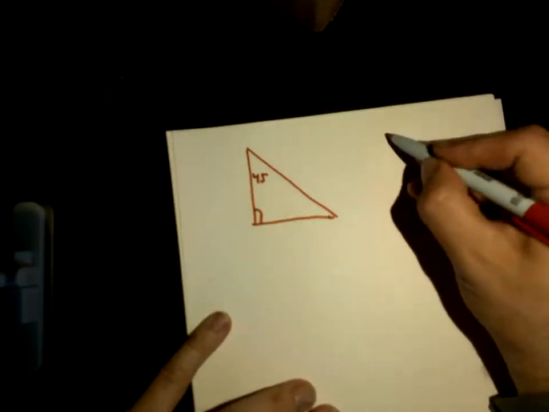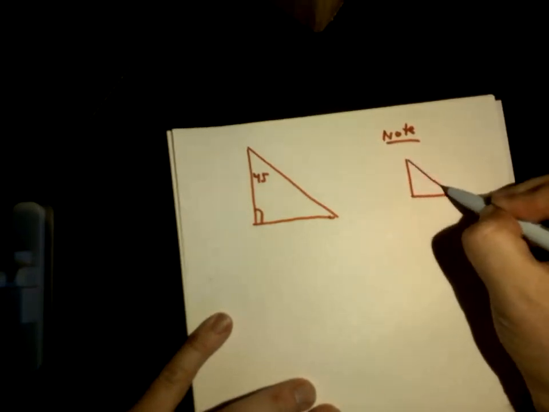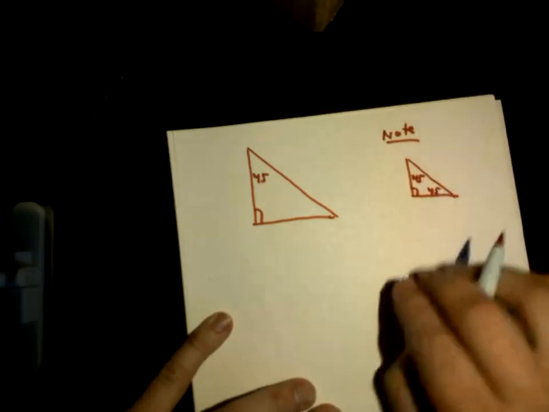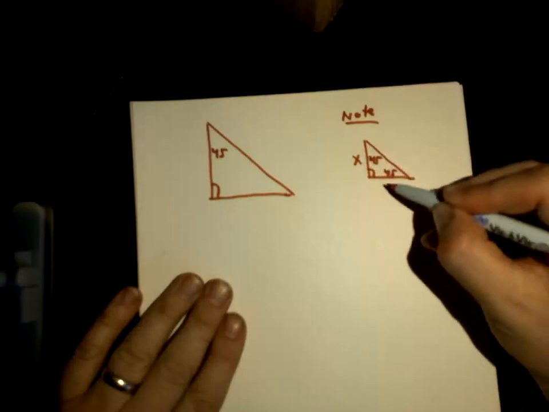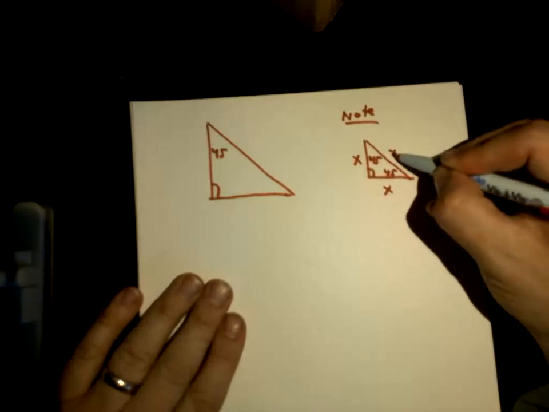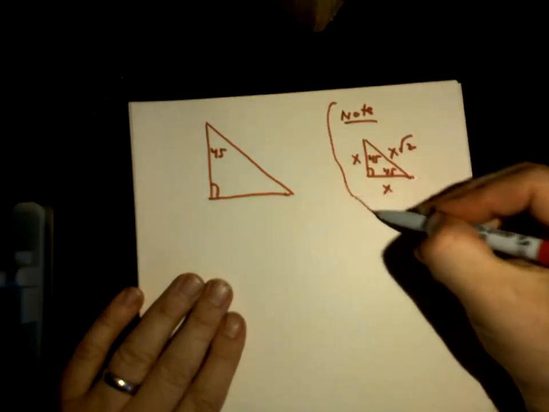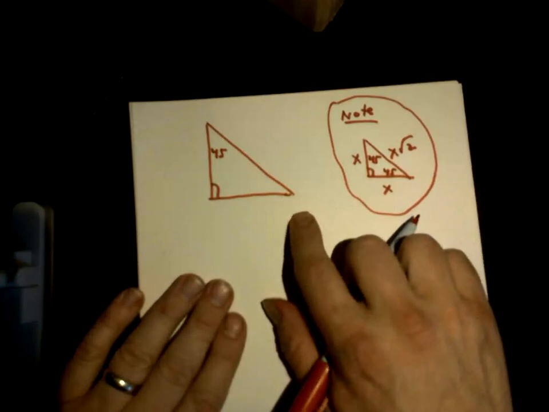So let's make a little note up here. I'm going to make this triangle, and this is going to be 45, 45. And I know that if this side is x, this is x square root of 2, by our definition that we just figured out. So keep that in the back of your head here, why we do this one.